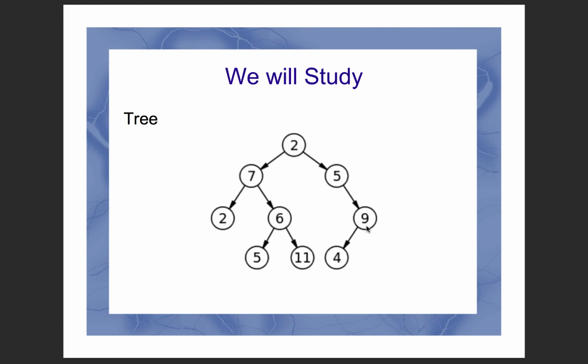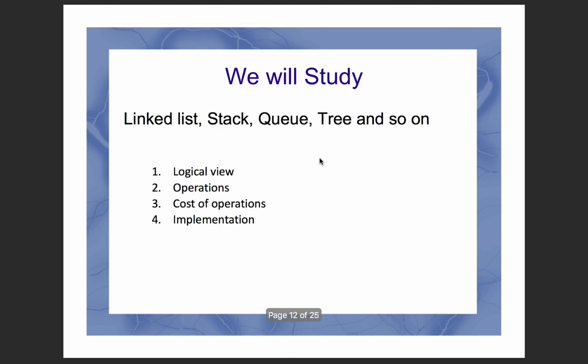The circle components of the tree are called nodes, and the arrows are called links. We'll talk about this tree in detail in this course. I'm not going to discuss more details about tree now because it will be more complicated for you.